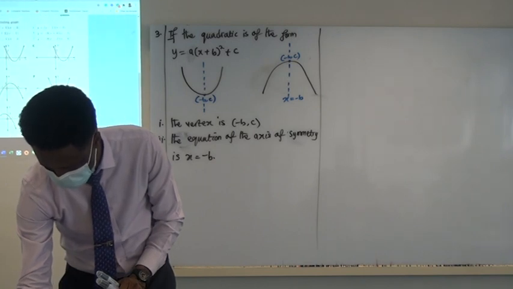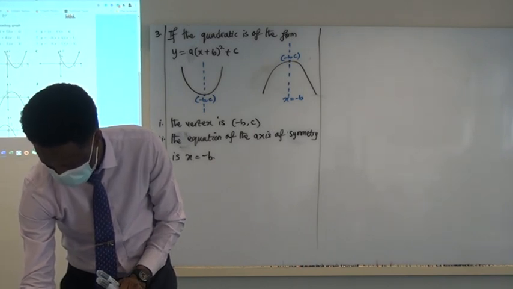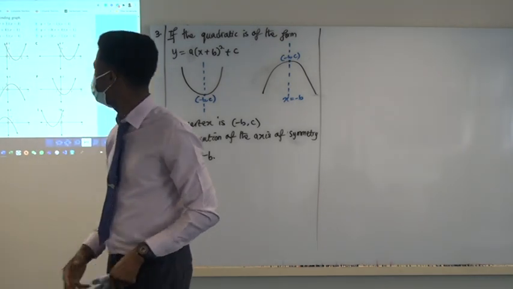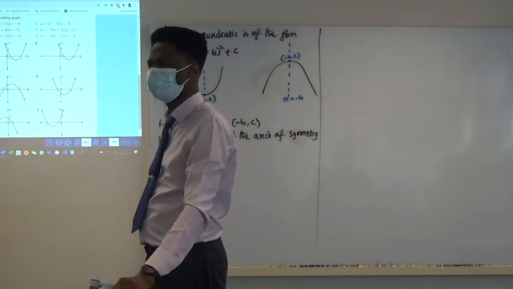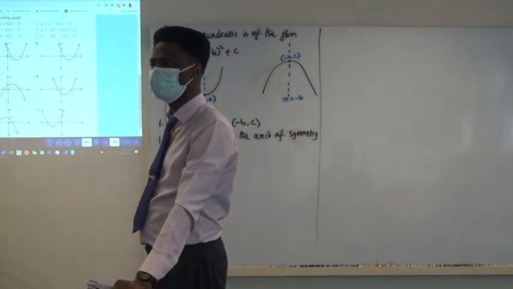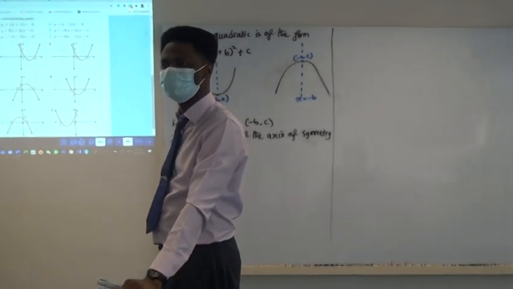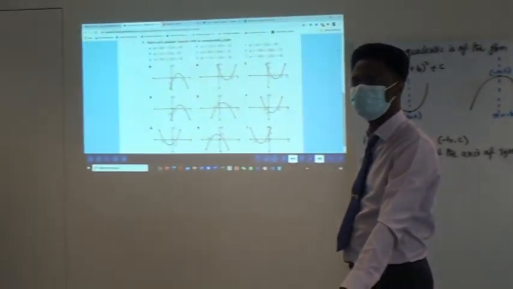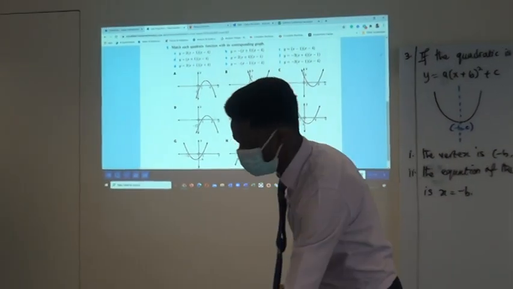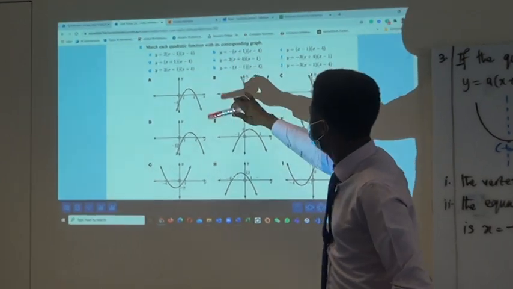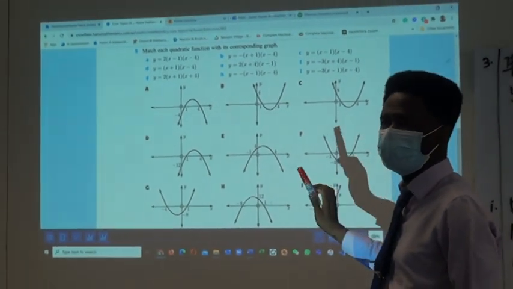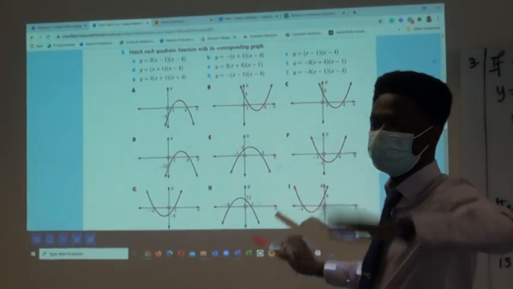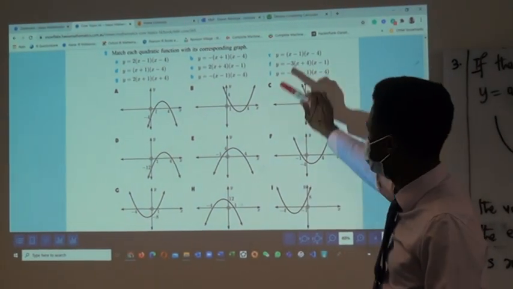Hopefully it's not too tiny. Let's see if we can match ourselves. It's too small, right? Can you see from the back? Okay. All these functions, these are the graphs. Please tell me if you can see. Can everybody see? Yes.